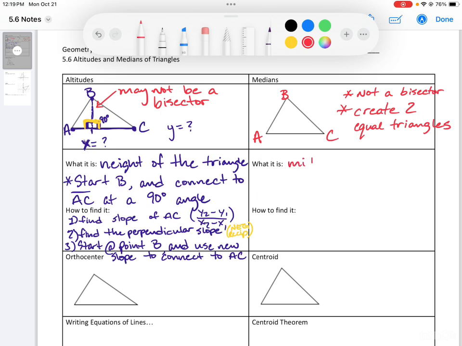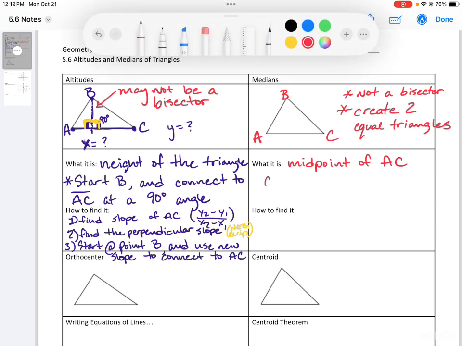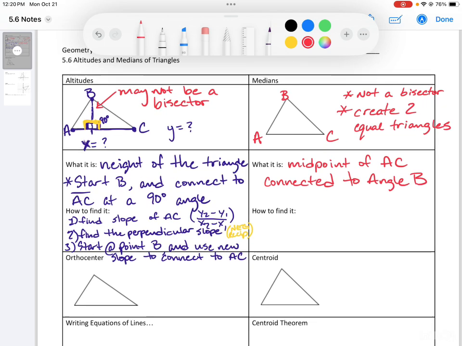And what it actually is, is the midpoint of AC connected to angle B.